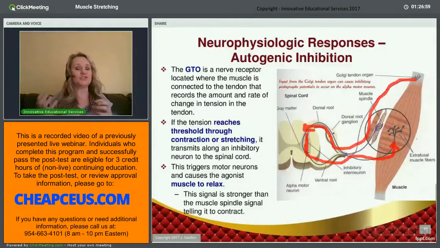This fact that we can contract a muscle and bring it to enough of a forceful contraction that this interneuron tells it to relax is the premise of autogenic inhibition that we use with PNF stretching. The body is trying to protect itself in order to cause relaxation of the muscle. So why not use that to our benefit when we talk about PNF stretching for our patients?